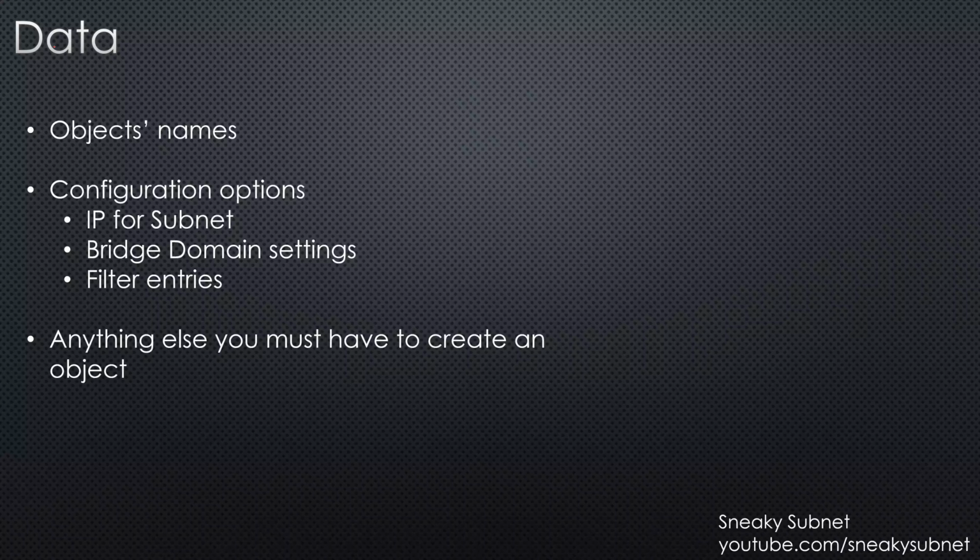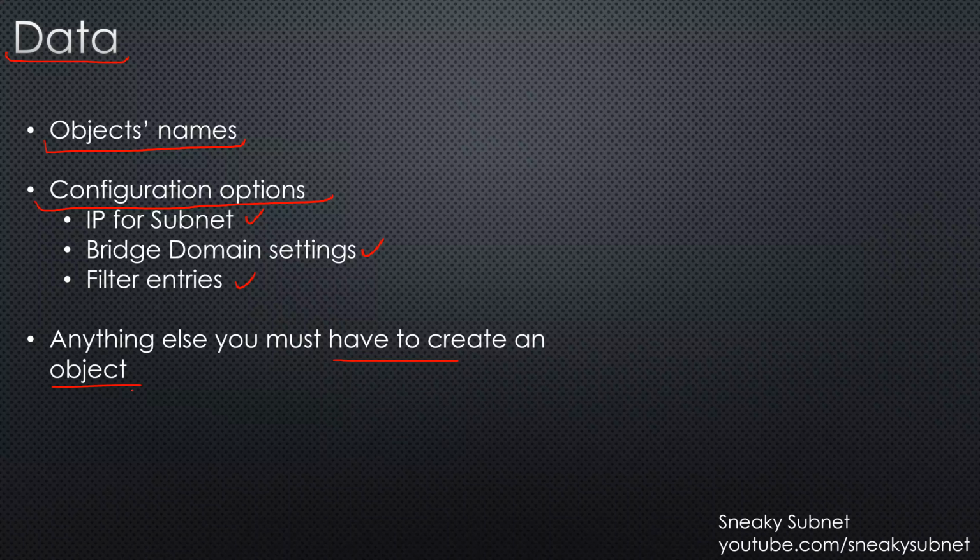And finally, we need some data, again, if it is required. Inside the data, we will typically define object names, some configuration options, maybe an IP for the subnet if we're configuring a bridge domain, BD settings, filter entries if we're configuring contracts, for example, and anything else you must have to create some object.